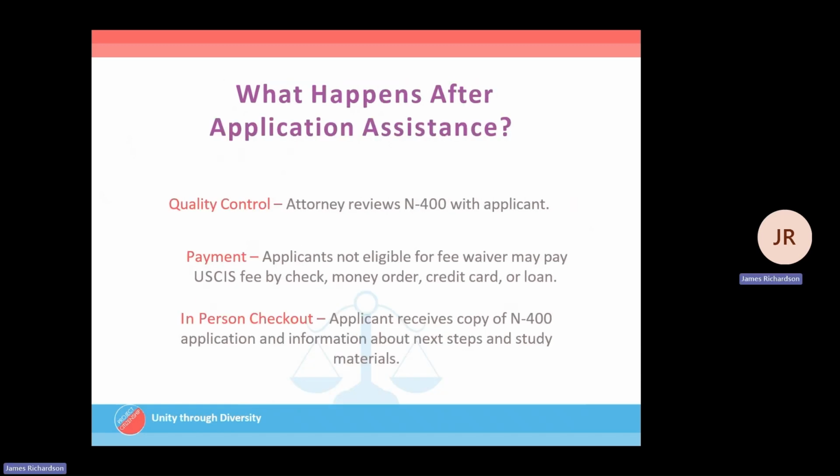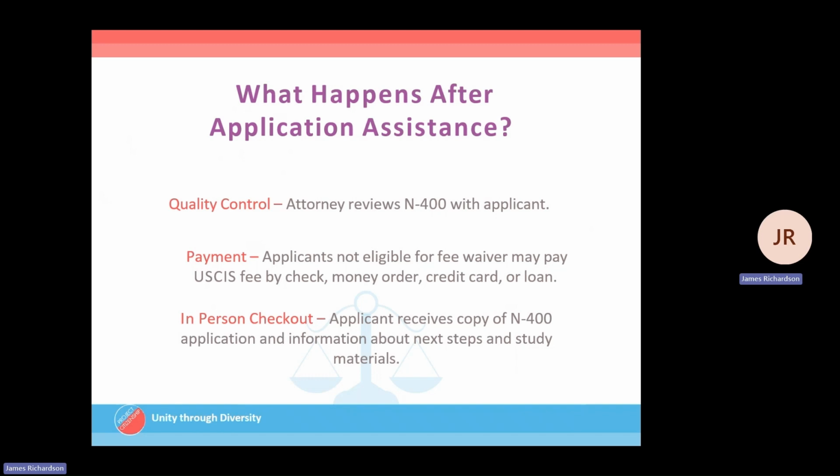So what happens after application assistance, right? So like I was just saying, quality control, we're going to have some more volunteers who are attorneys review the application with the applicant. We're also going to discuss payment. And so if the applicant is paying, we'll go over all of that. There's a few different options. So that will be discussed.